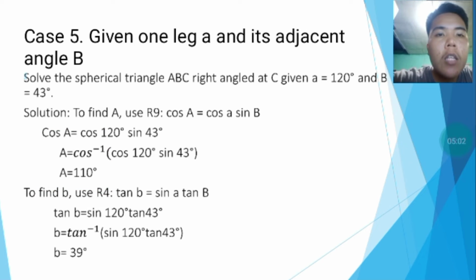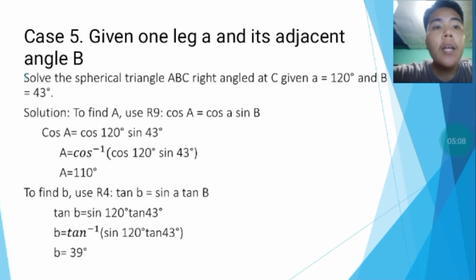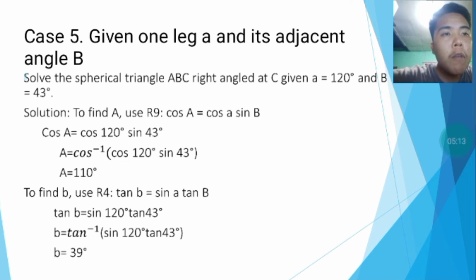Next is to find the small letter b. Use R: tan b equals sin a tan B. You have the value of big letter B, which is 43 degrees, and small letter a, which is 120 degrees.